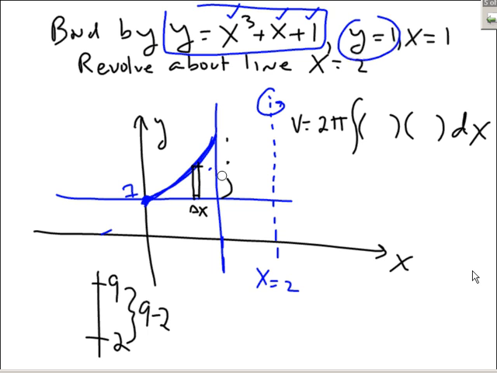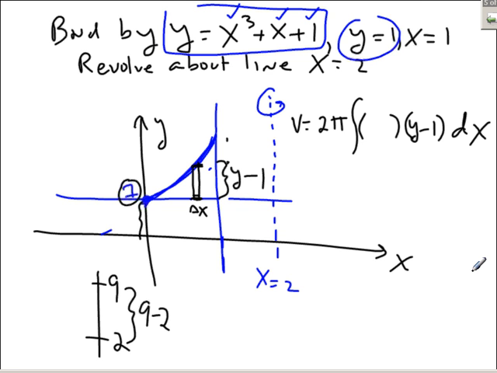My strip wasn't that big. My strip was this long. The top value is y minus the lower value is 1. This distance is 1. So it's y minus 1. The height is y minus 1.